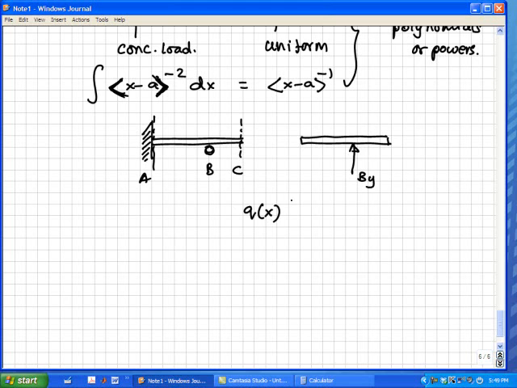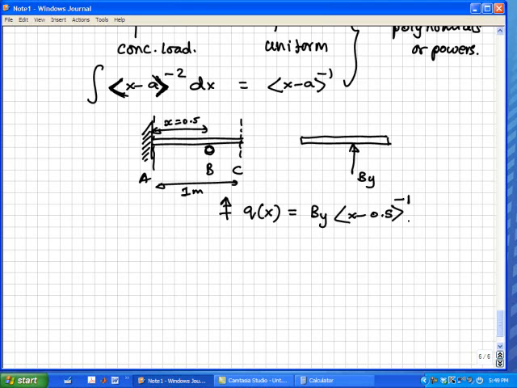Remember, By is positive up, so it is By times, let us say this is at location x equal to 0.5, since the total length of the beam is 1 meter. So it's <x minus 0.5> to the power minus 1. That's the concentrated load.